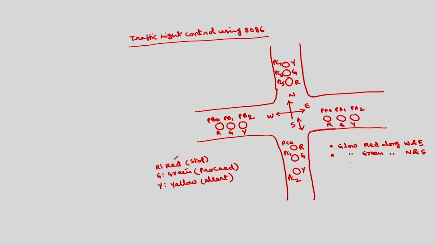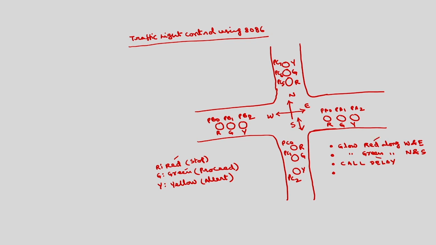Then you allow some time called delay. This delay depends upon the traffic condition, the density of the traffic and all. Then I want to change the condition now. I want to make this red to green, this green to red.